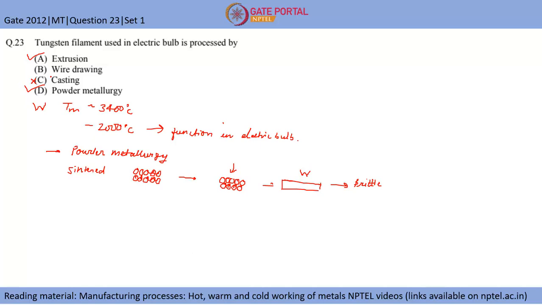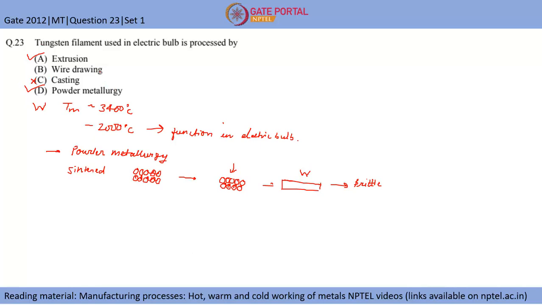Now this tungsten is very brittle for its application, so it is mixed with certain amalgam and extruded out, which increases its ductility, and we can use it for tungsten filament in an electric bulb. So the correct options are option A and option D. As both the options are correct, all the marks were given to all the students.